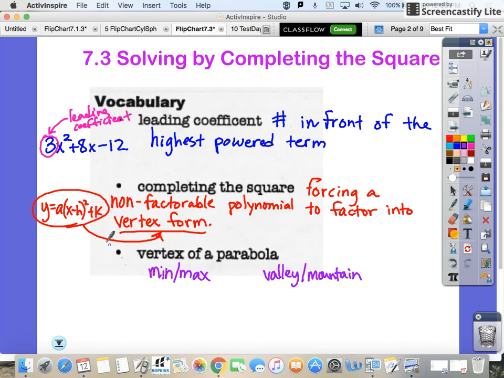So if the a, meaning this a, is a negative number, we're going to end up with a maximum, because the parabola is going to open downward. If we end up with an a that's positive, or there's no plus sign out front, because you wouldn't write plus 6, but it's just a positive number, we're going to end up with a valley.